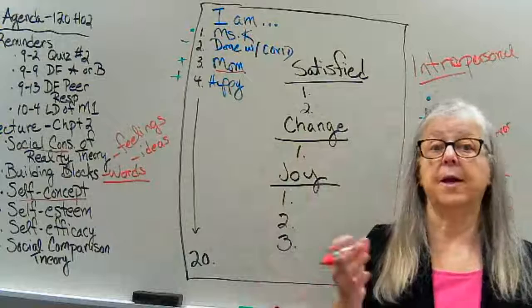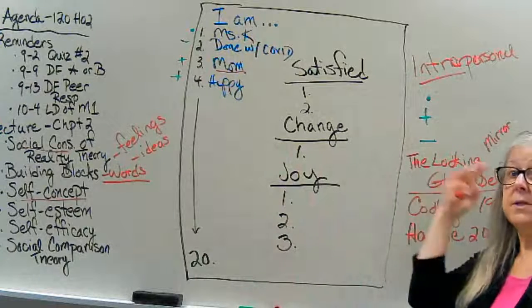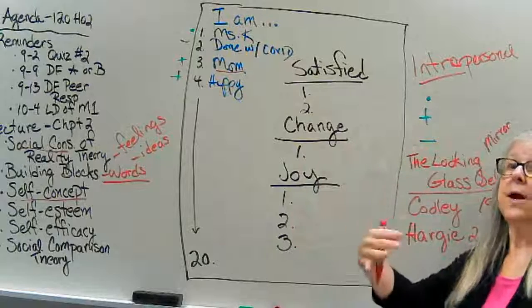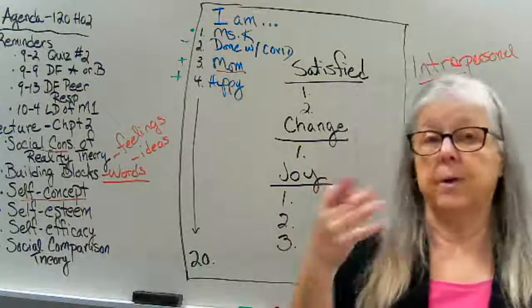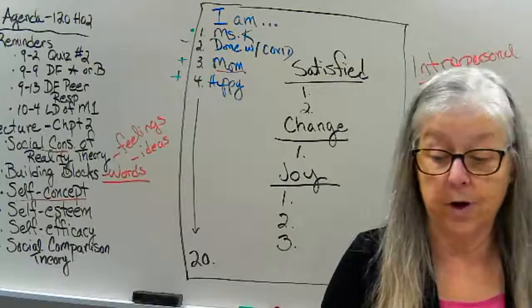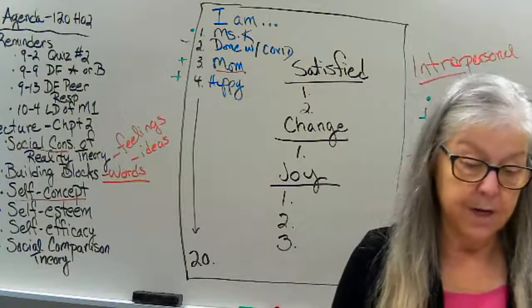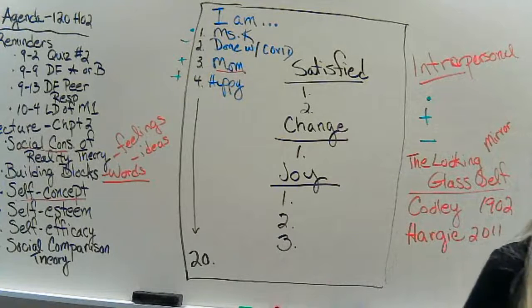And all those play into how we look at ourselves. We see ourselves portrayed by looking in the mirror at others. Others are a mirror reflection of what we are when they behave toward us. All right. So that's the looking glass self.